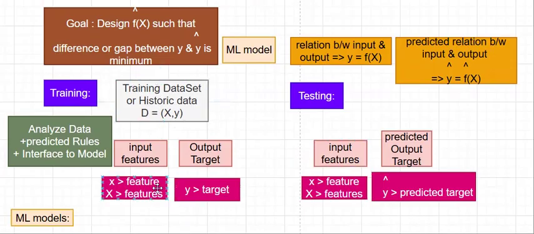Now I'm asking my model a question with the same input. Whatever input I provided while training, the same input and the same features I am providing to predict the output.